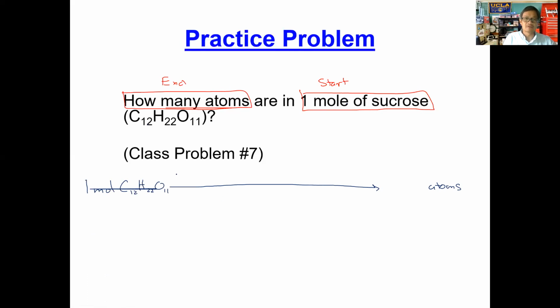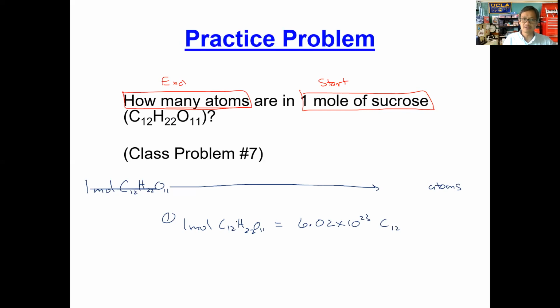The very first conversion factor we need gets us from moles to number of particles, and that's Avogadro's number. So 1 mole of C12H22O11 is equivalent to Avogadro's number, which is 6.02 times 10 to the 23rd particles of sucrose.